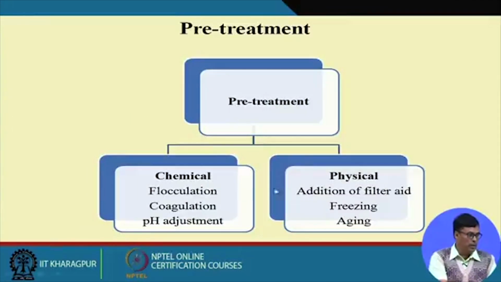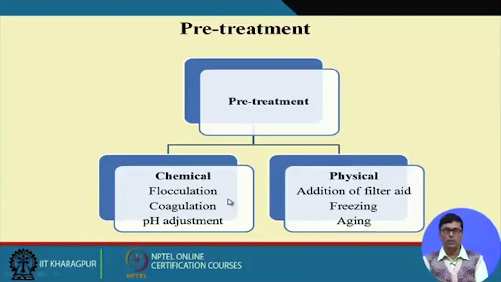Now pre-treatment has two types: chemical and physical. Chemical includes flocculation, coagulation and pH adjustment, and physical includes addition of filter aid, freezing or aging. Let me explain flocculation.